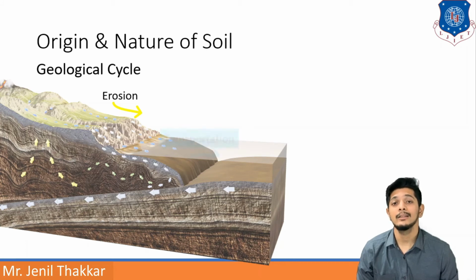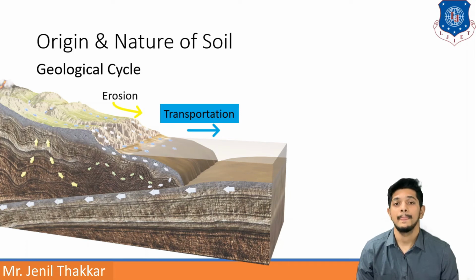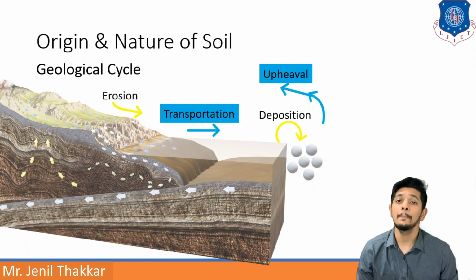Then it becomes particulate matter and gets transported to some different place. Then it gets deposited from that place to another place in that particulate form, and then again it gets upheaved through wind, water, ice and gravity, and that is how this cycle works and soil is formed.